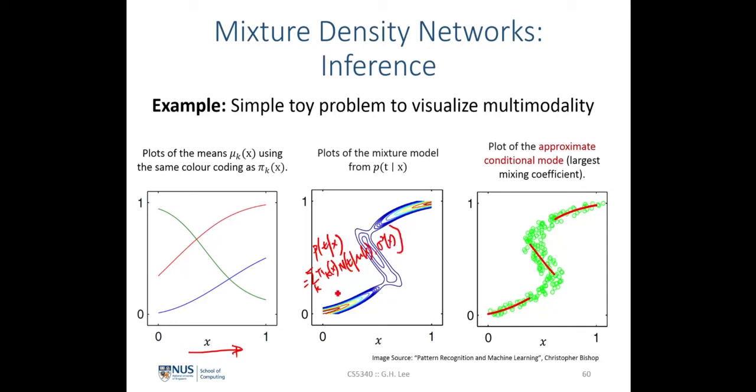Plotting this out, we can see that this is a nice distribution that models the data input, where if we were to take the conditional modes, or the peaks, we can see that the red dots nicely model this data distribution as compared to a unimodal Gaussian distribution.